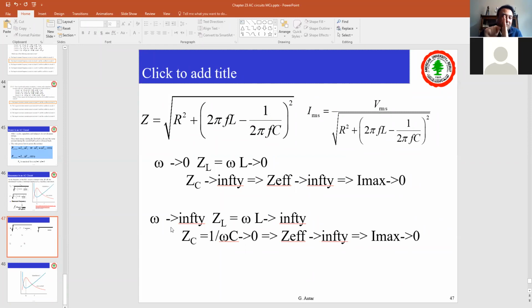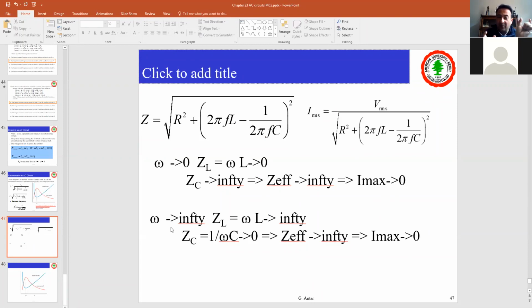When my time variation is very fast, this means that my omega is very high. Then this inductor will generate a battery. It generates a battery equal and opposite to the real battery.